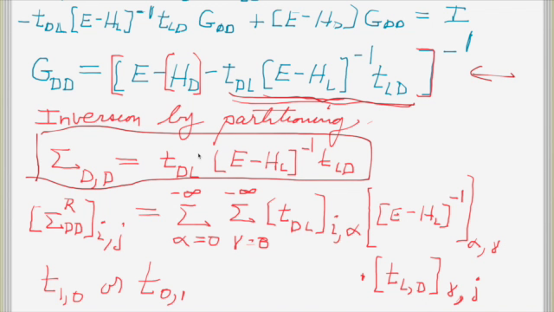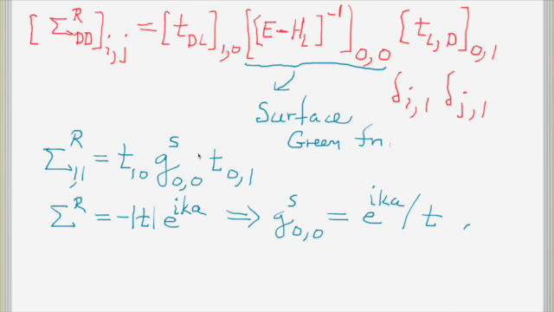I is in the device, alpha is in the lead, and there's only one element that couples across. Well, there's the 1, 0 and 0, 1 element, and same down here. So this sum, that's what we said down here in the lower corner. And so this sum collapses because there's only 2 elements in the sum, 1, 0 and 0, 1.